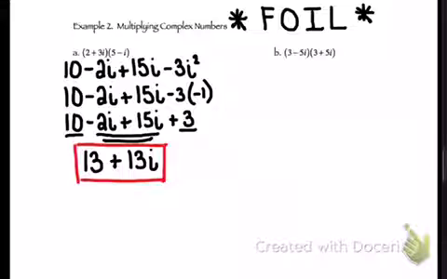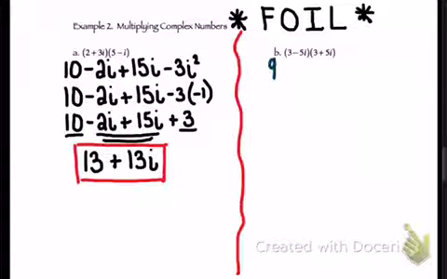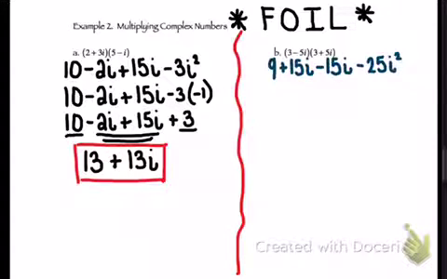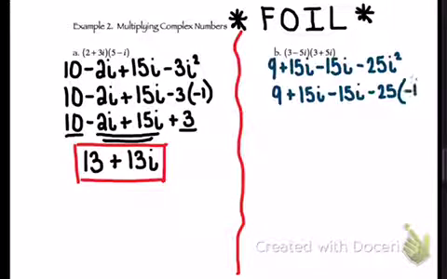Second one, letter B. Again, same deal. FOIL those: first, outside, inside, last. You should get something that looks like that. From there, again, we know i squared is equivalent to negative 1, so if you need to replace i squared with negative 1, great, do that.